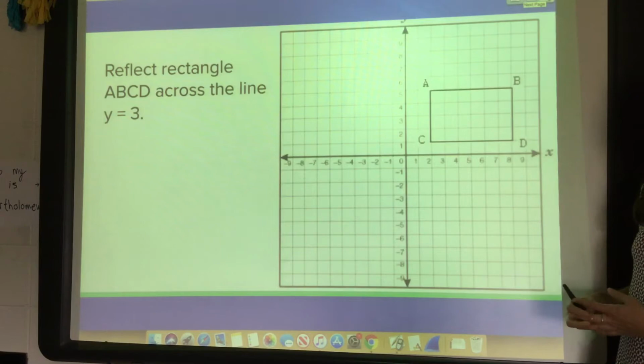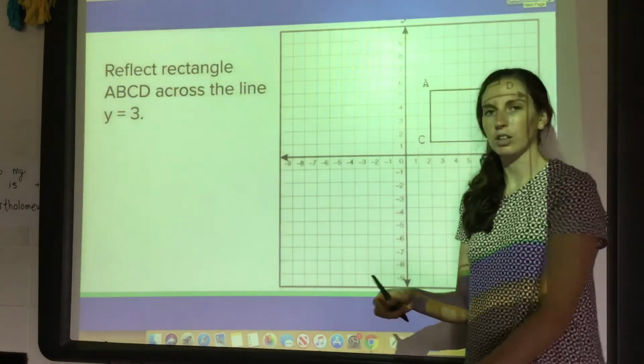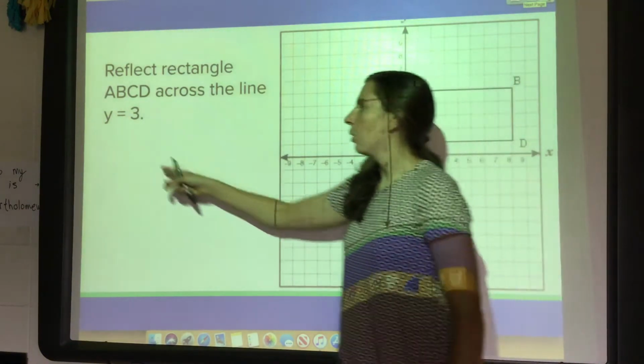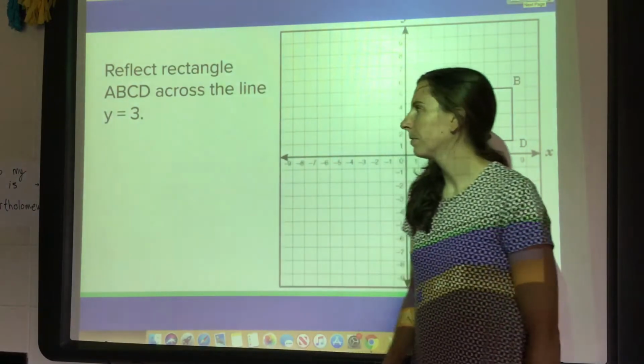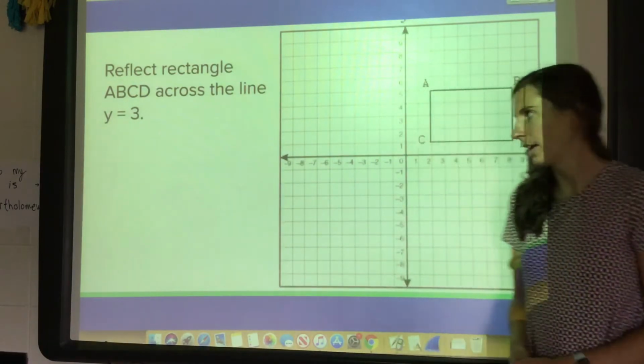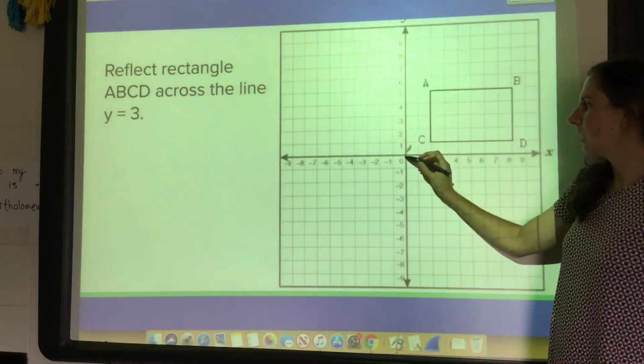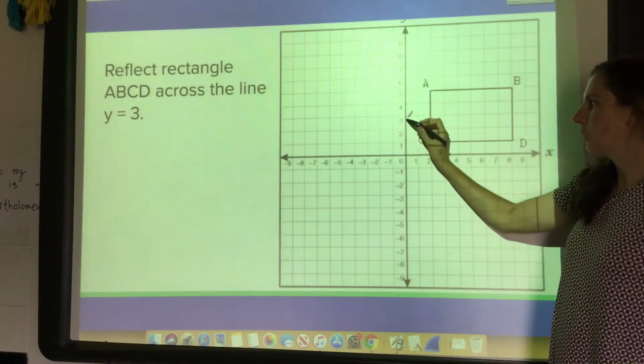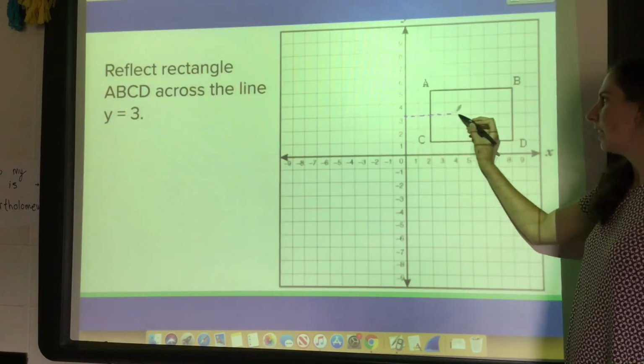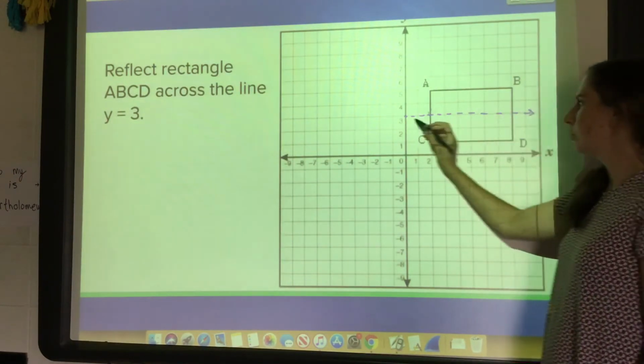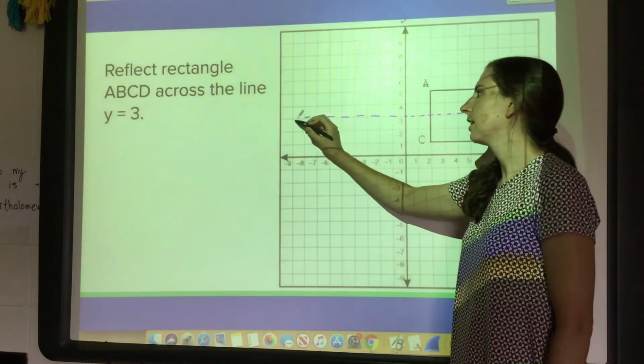The only way this might get a little crazier is if you reflect it across a different kind of line, like the line y equals 3. This is a horizontal line. If we go up to the line where y is 1, 2, 3, that's right here. All of these points have a y value of 3.